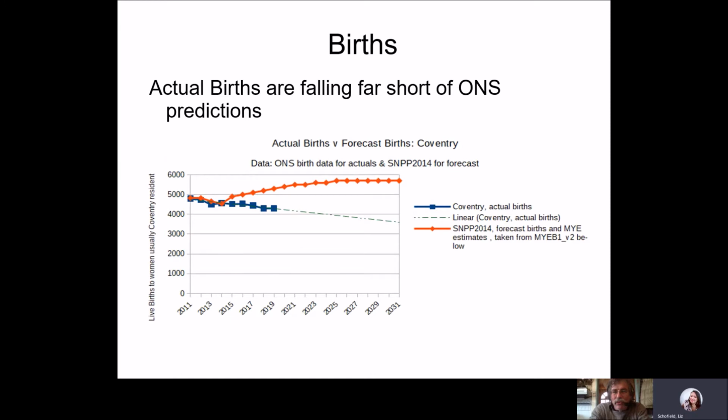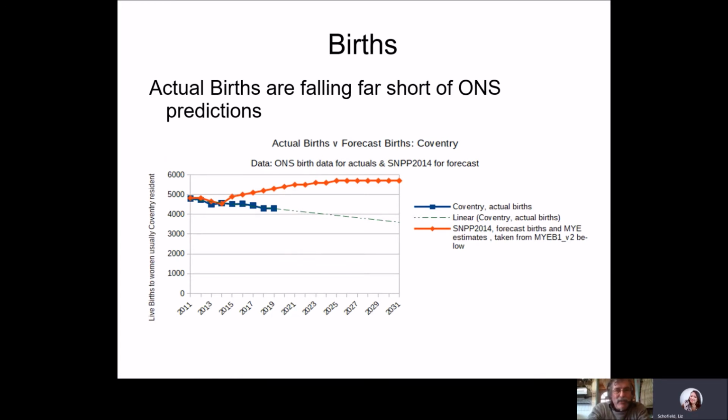Oh, this is a really interesting one, which starts to tell you what's going wrong with ONS and their model. So this graph shows birth data starting in 2011. If you look over to the left-hand side, the blue line shows actual births. Every single year, the NHS and ONS jointly compile birth data, which is done on an annual basis.